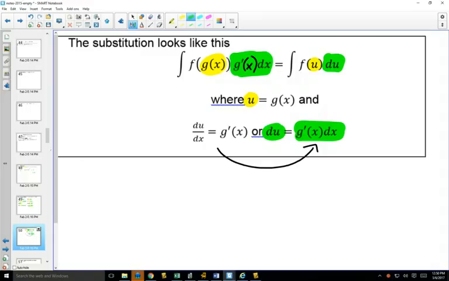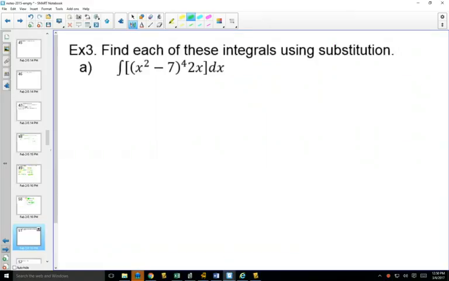So, what does this all mean with our questions? And how are we going to use substitution for this? Now, in this case, you can see that we've got our inside function, x squared minus 7, like we highlighted before, and the derivative of it is present right there. And I'm going to highlight the dx with that.